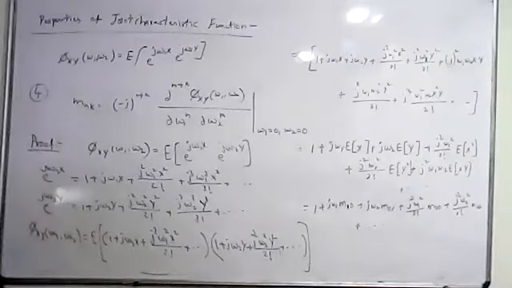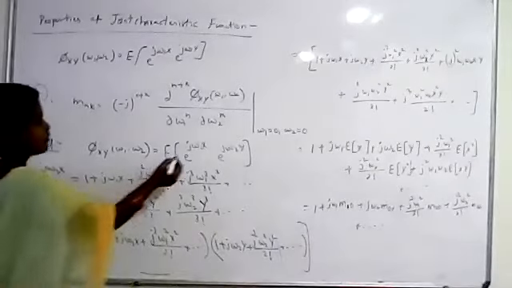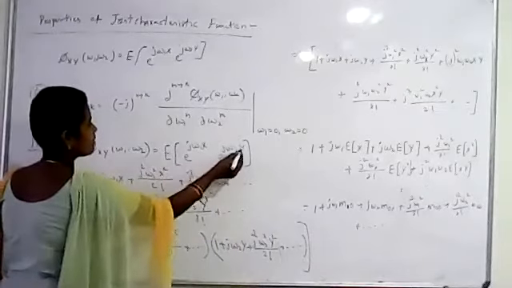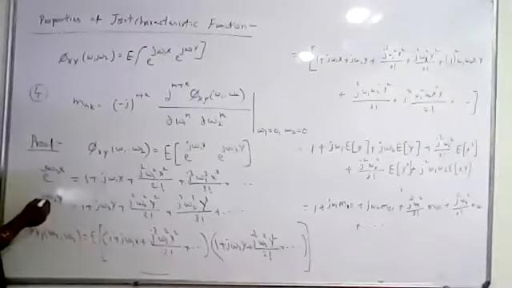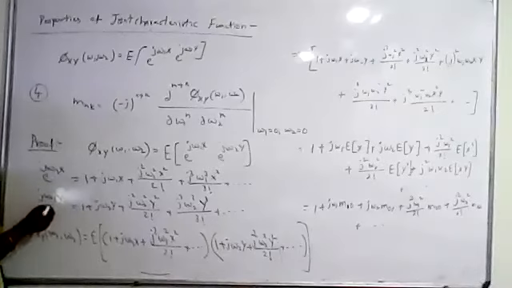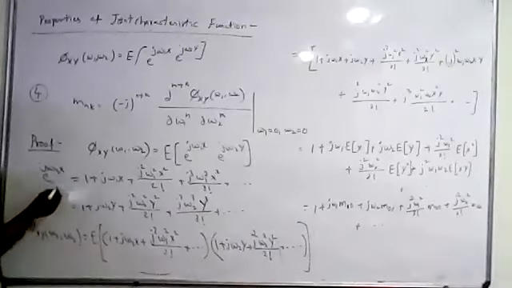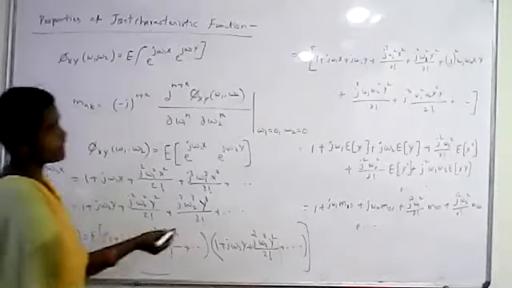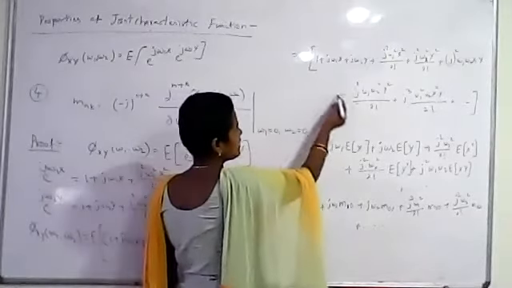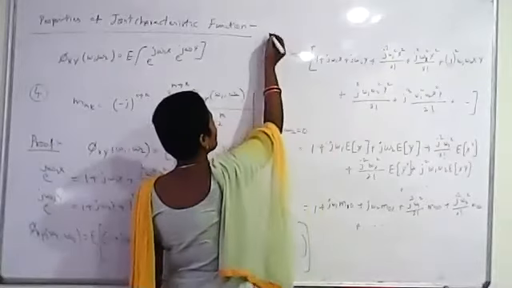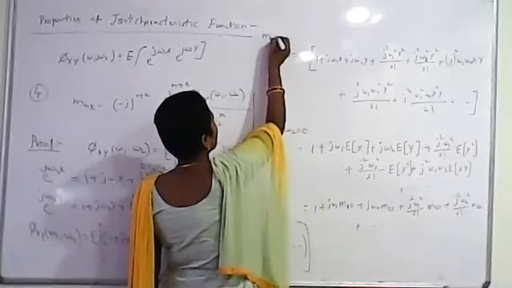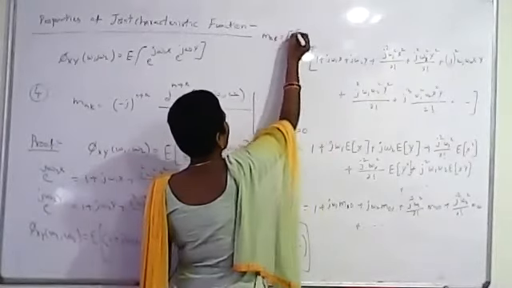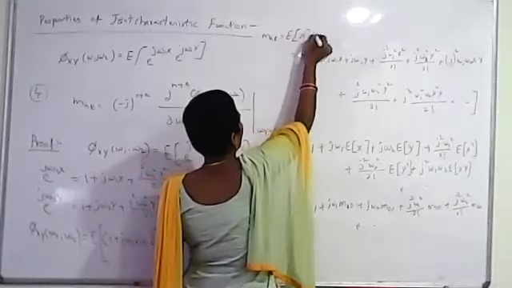So what have we done? We have written e power j omega 1 x, e power j omega 2 y in series expansion form. Then we multiplied those two terms, we got this, and we applied expected value to each and every term. We know that M nk is the expected value of x power n, y power k.